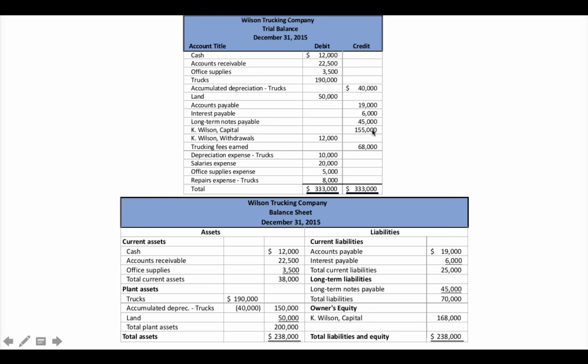So again, this was just the beginning balance of capital. What goes in here is the ending balance. So either use the examples that we already went over in the income statement examples, because I think these were the same numbers. If not, you would have to do the same process of calculating net income and then adding that to the beginning balance minus any owner's withdrawals and come up with an ending balance for owner's equity. But again, those should total out together.